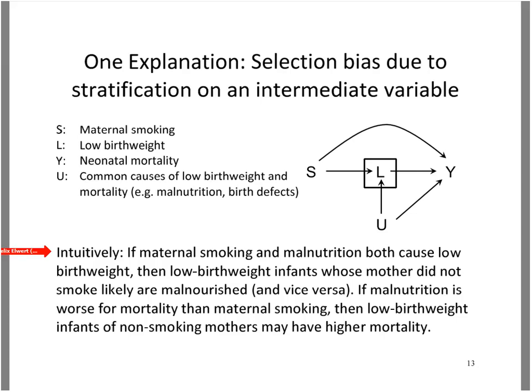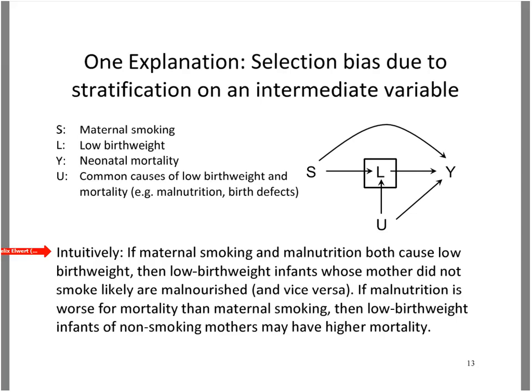Again, if I have a low birth weight baby and the mother did not smoke, well, then that probably means that the infant was malnourished. And if I have a low birth weight baby whose mother was not malnourished, well, then she's likely been a smoker, because something needs to have caused the low birth weight. In other words, conditioning on L gives us a negative association between smoking and malnourishment. Good.